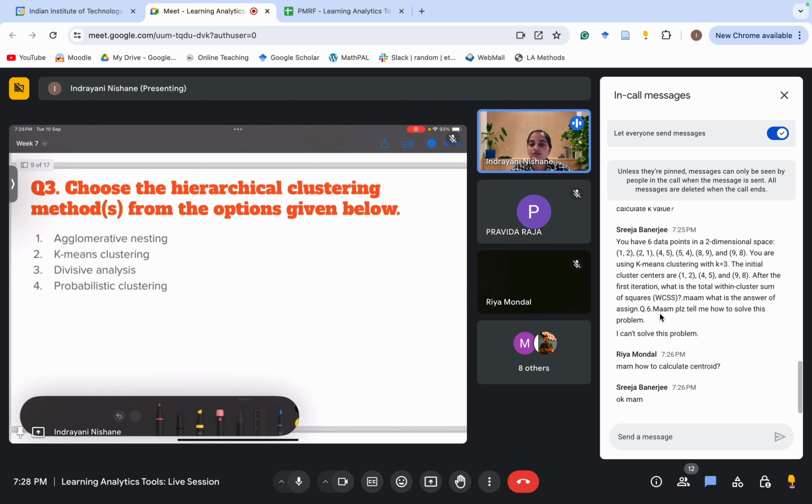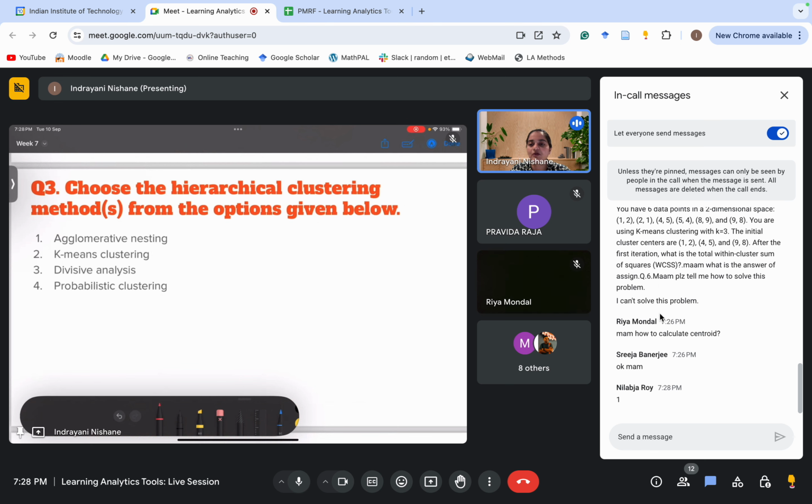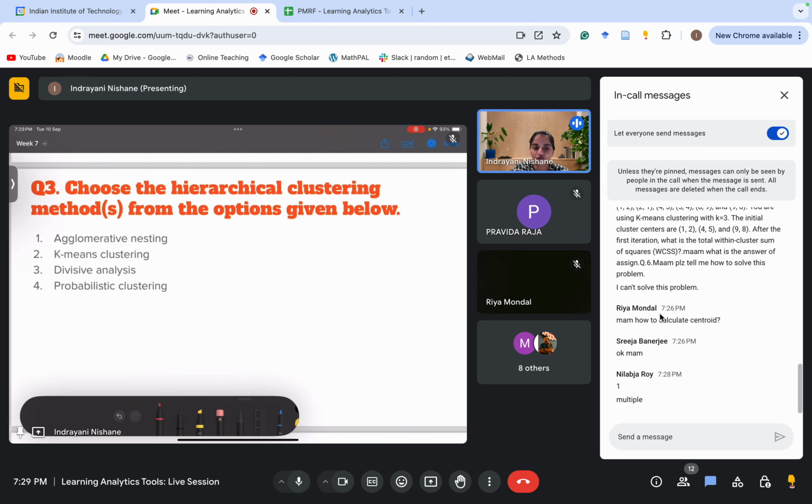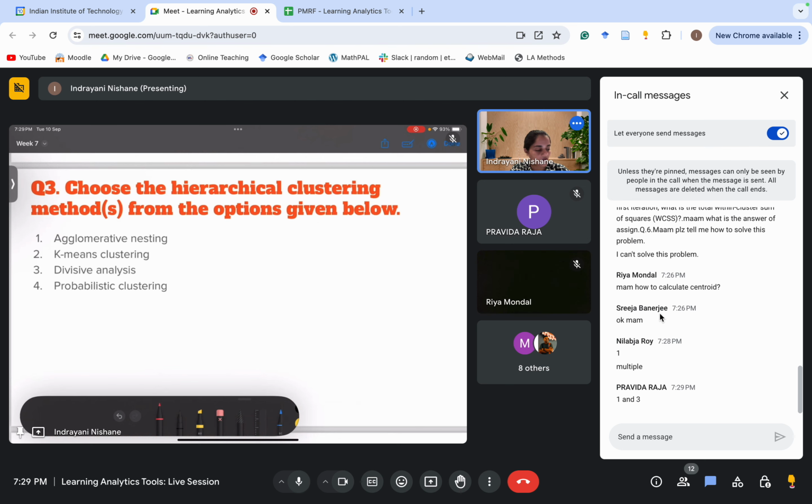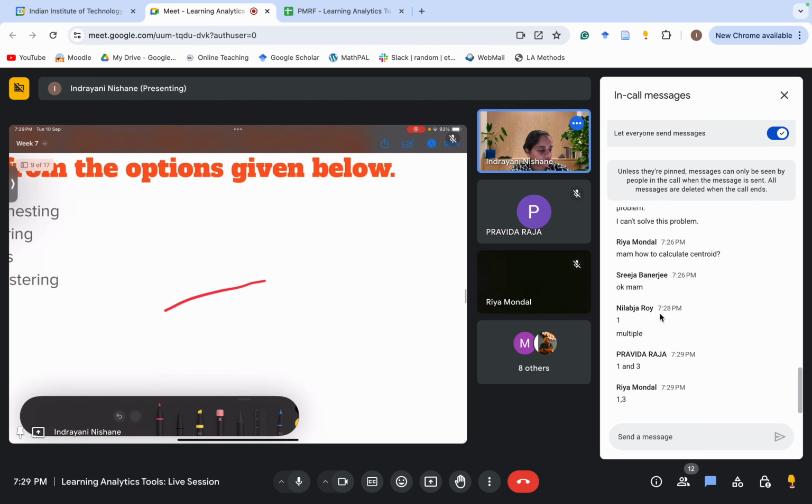Next question: choose the hierarchical clustering methods from the given options below. This is based on the theory which we are covering. I have given you one hack for understanding whether a question is multiple choice with multiple correct answers, MSQ, multiple select, or a single choice where we have to select one.